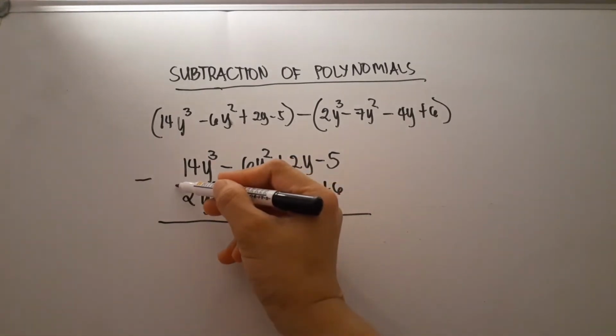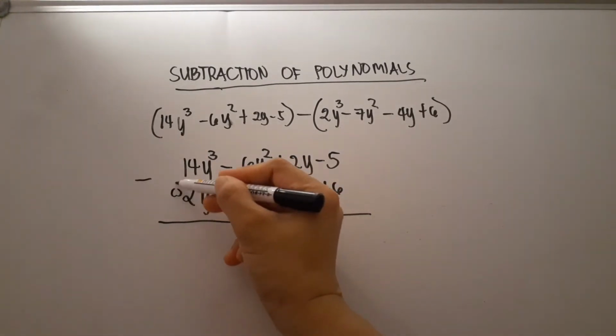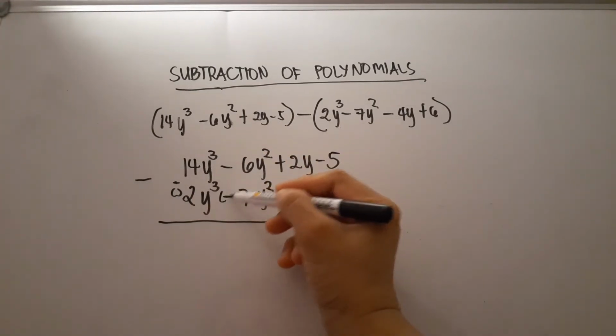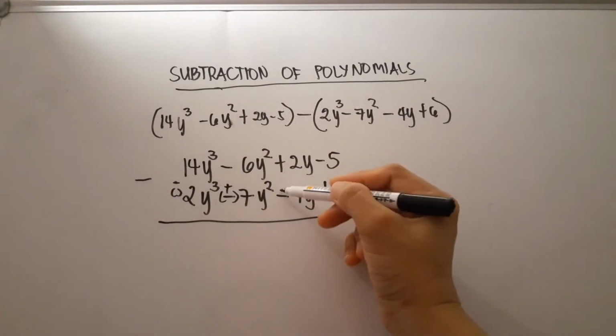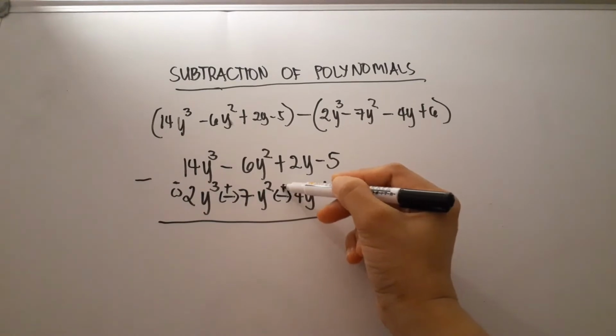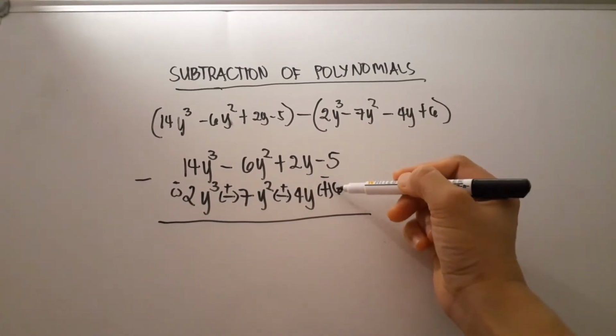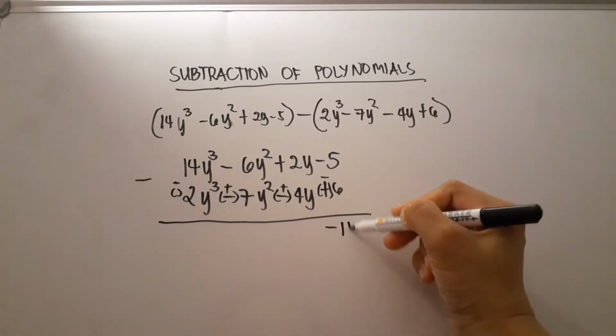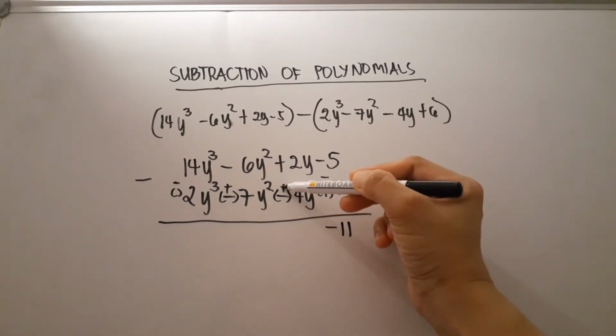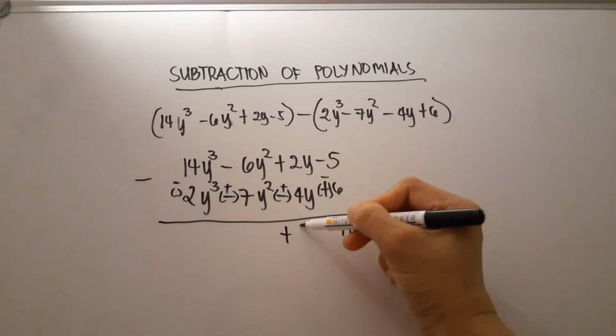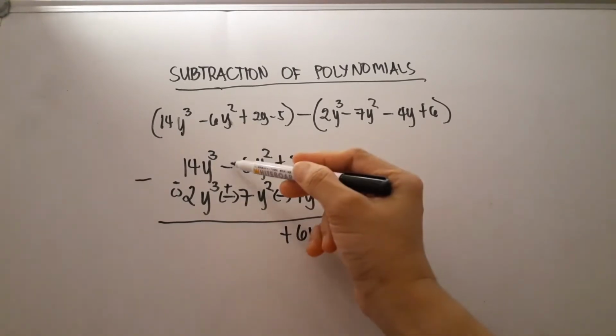We can see this in the additive inverse of polynomials. We can change all the signs in the second row of polynomials. So negative becomes positive, positive becomes negative. Negative 5 plus negative 6 becomes negative 11, positive plus positive becomes positive 6y.